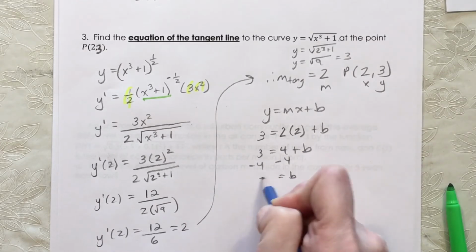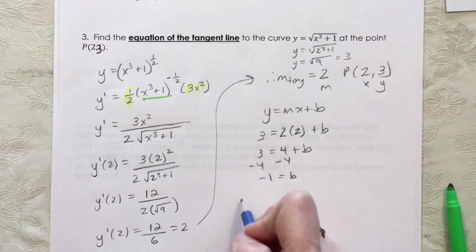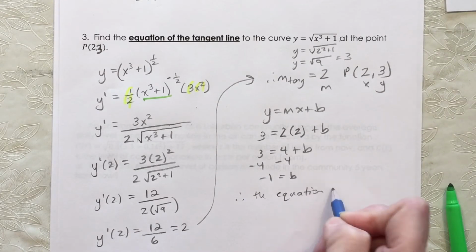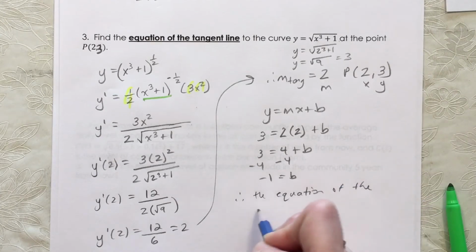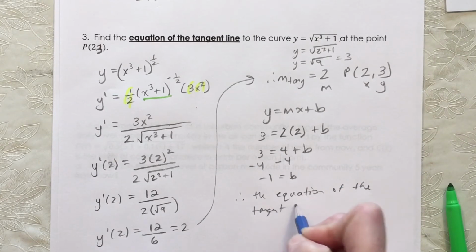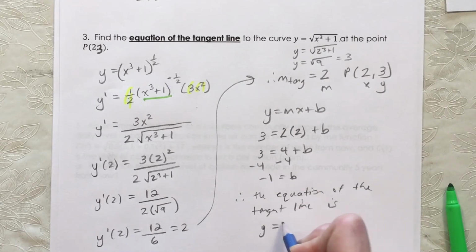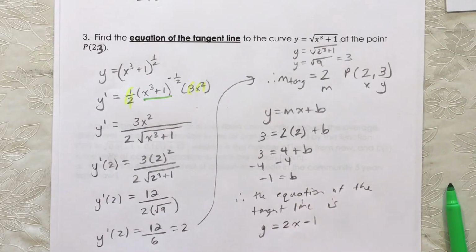And we get b is negative 1. So therefore, the equation of the tangent line is y equals 2x minus 1.